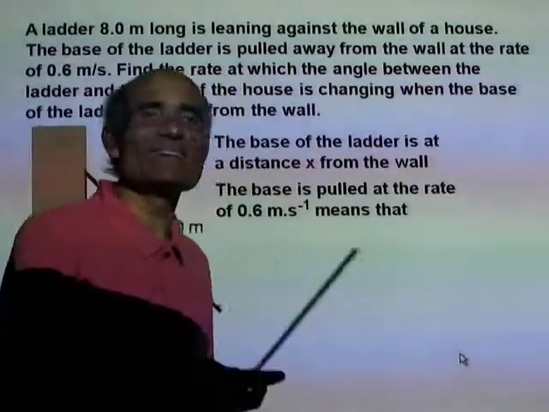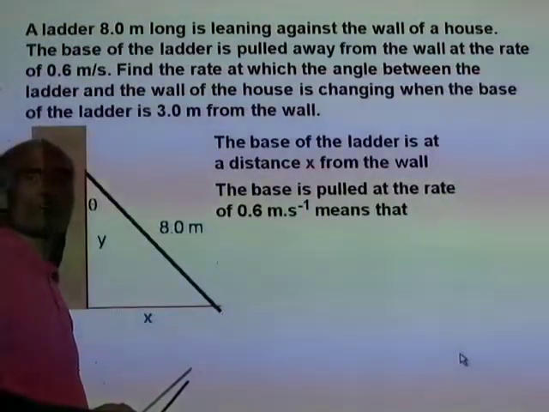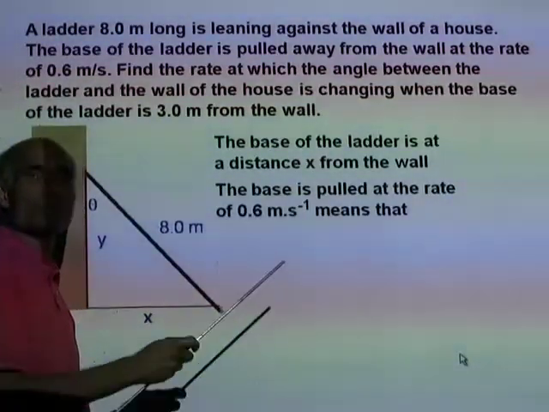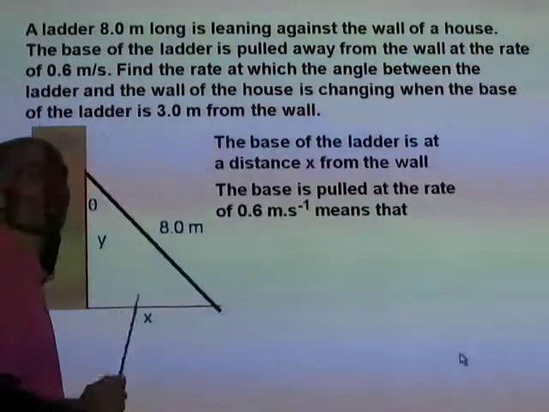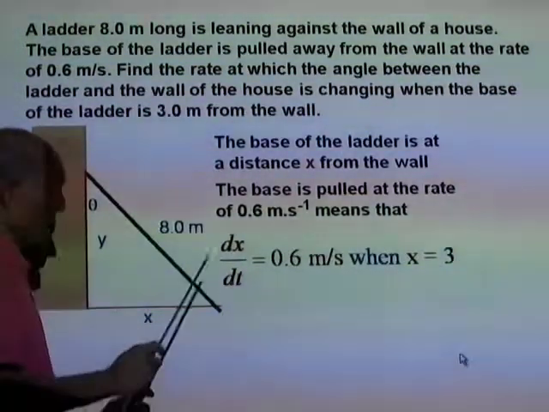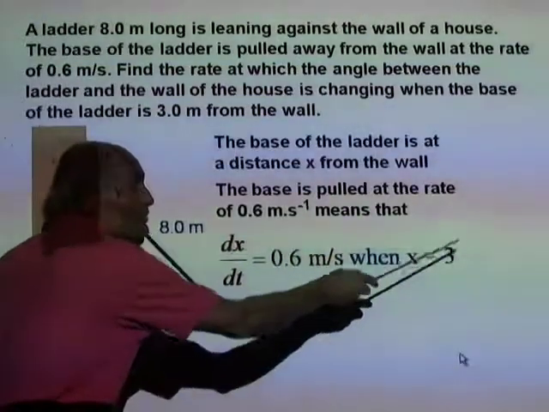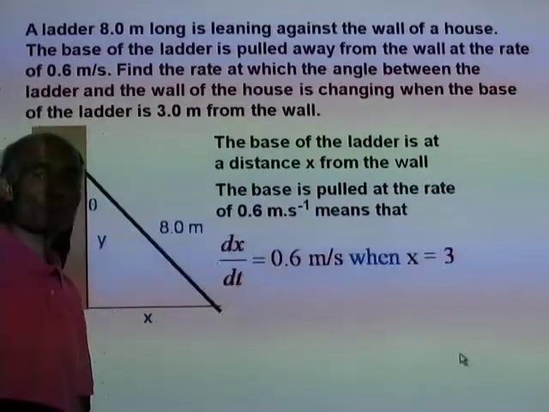What does it mean? The base is pulled at a rate of 0.6 meters per second means dx by dt is 0.6 meters per second. And this dx by dt has this value when x equal to 3.